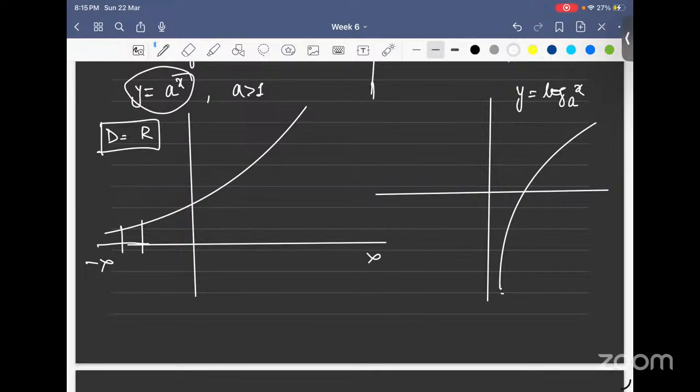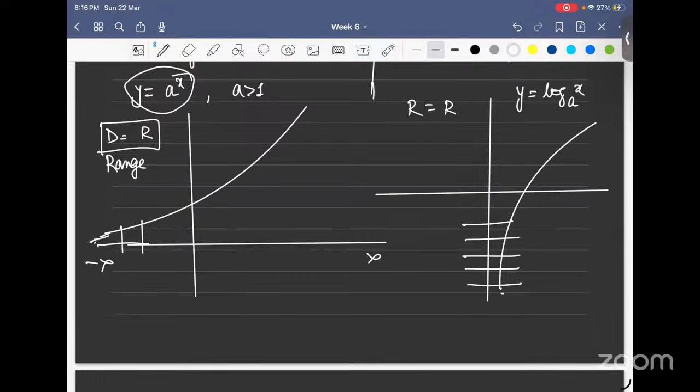Similarly, for the logarithm function, the range is the y value. You can have any value of y from minus infinity to infinity, so the range here becomes R. Now for the exponential function, if you consider the range, y you can get only from 0 to infinity.